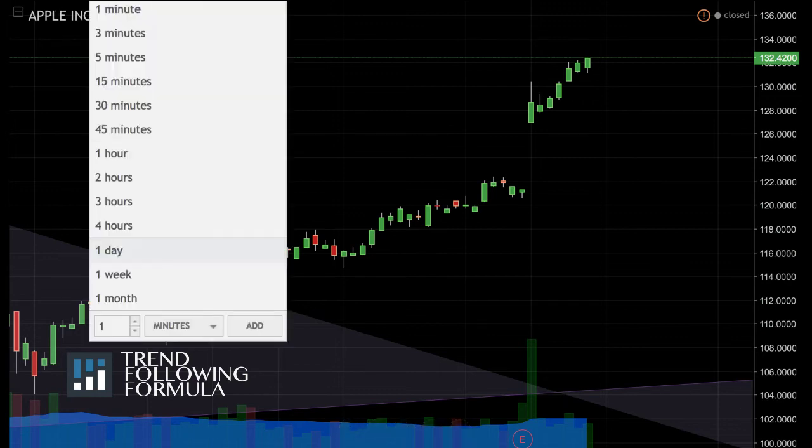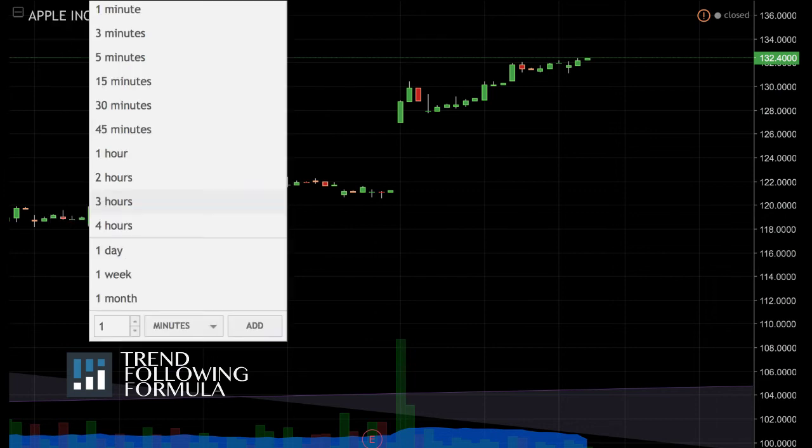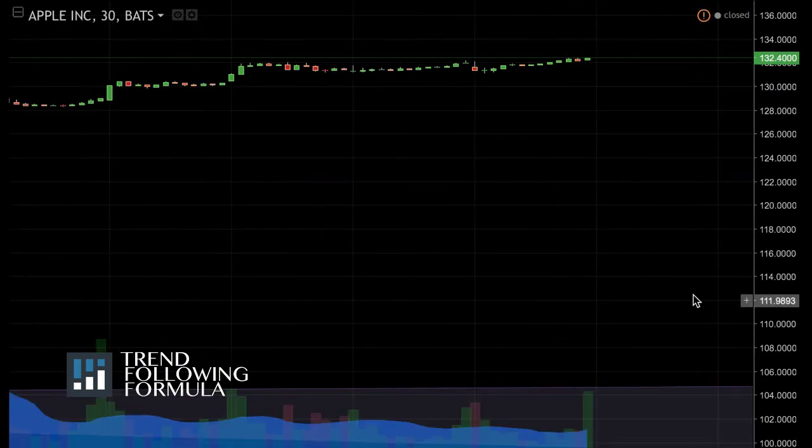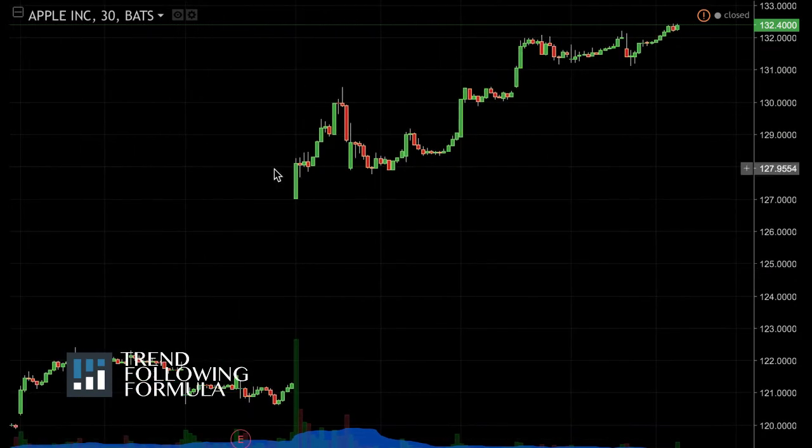If we look at the 4 hours chart, or maybe the 30 minutes, actually much better, because not much data is really needed. So if you look at that, that's a really interesting uptrending market.